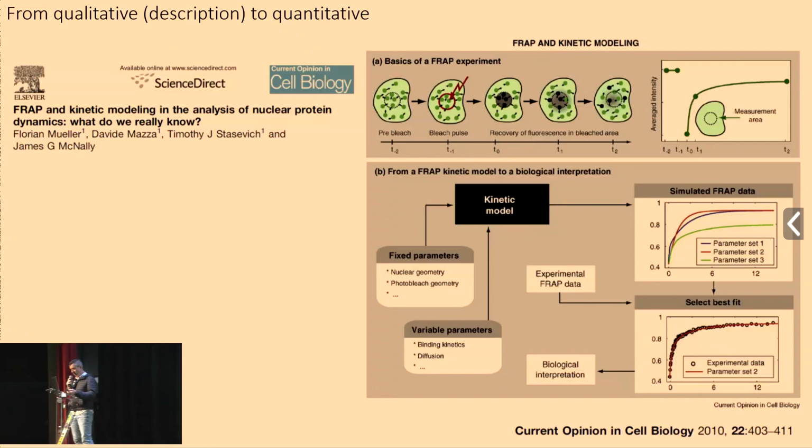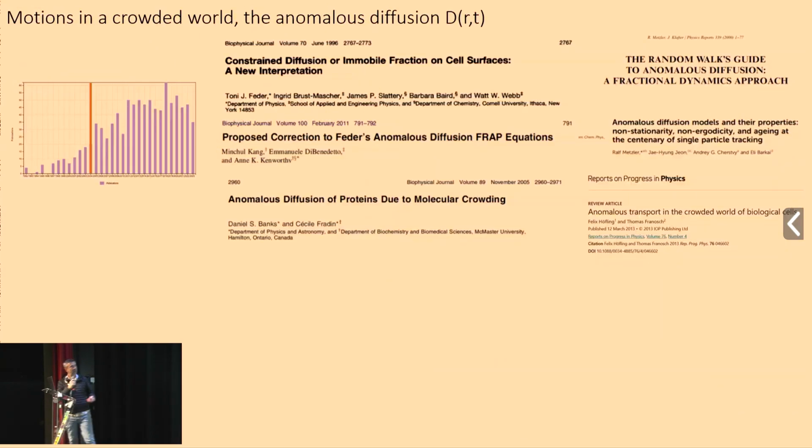Most of the time, to be honest, you decide what the kinetic model is, so you know your fixed parameters, and you just look at the change in your variable parameters. When I say that, I mean that you have a priori knowledge of what you're looking at. Either you decide this is diffusion, or diffusion plus binding, or diffusion plus advection, or things like that. So this is how it goes.